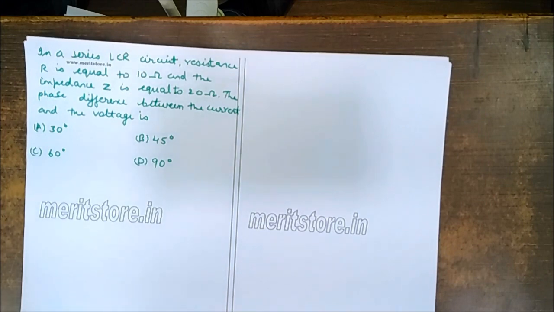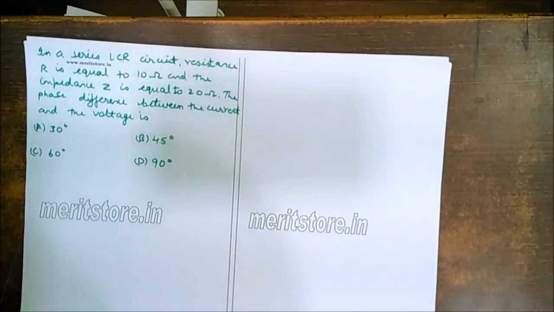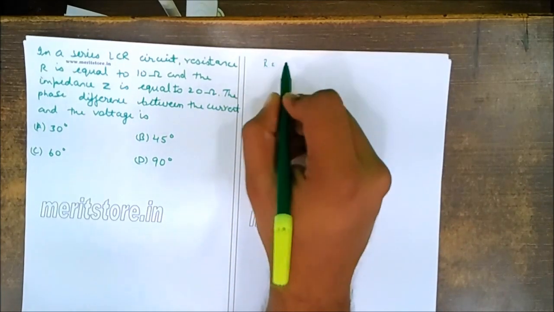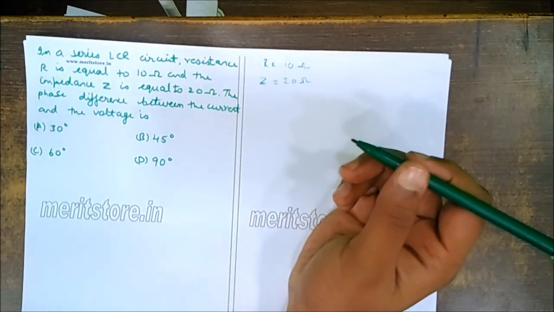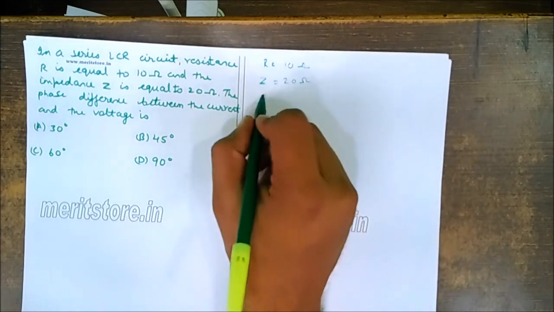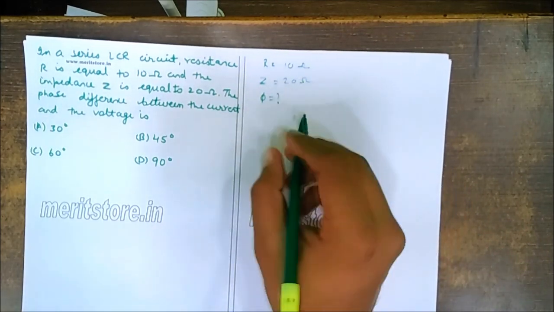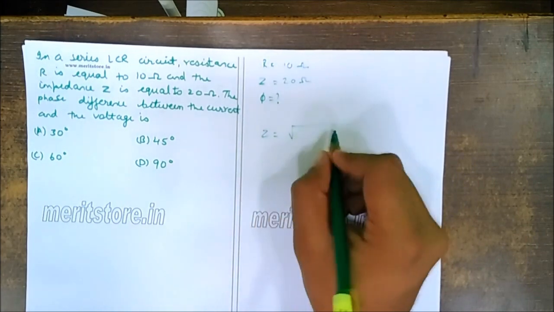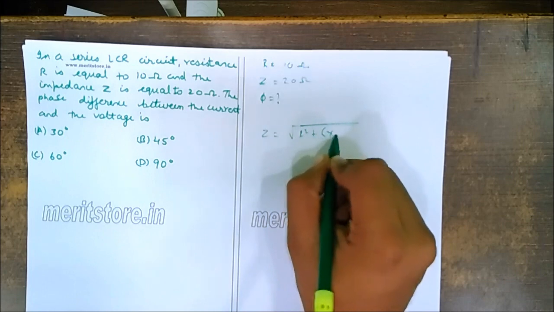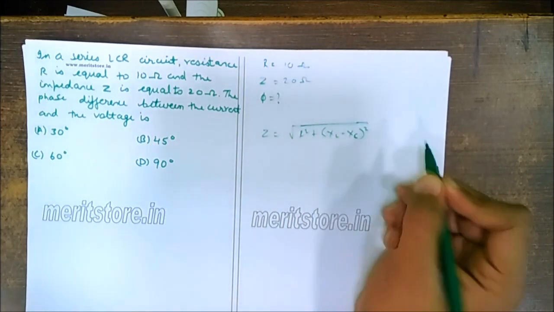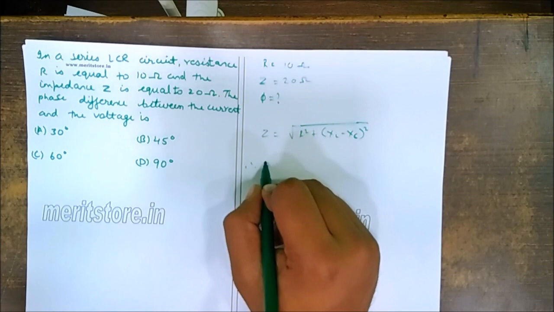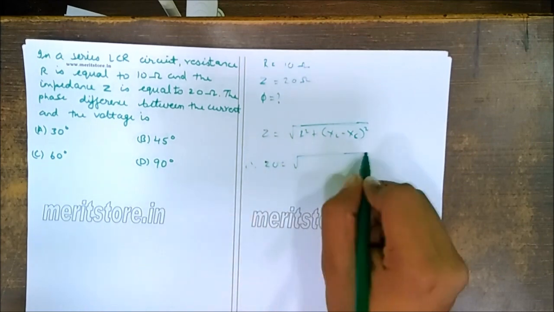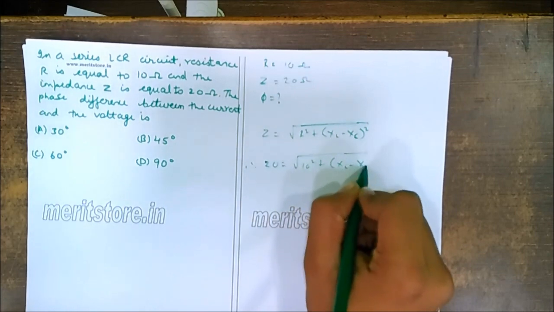The next question, in a series LCR circuit, the resistance R is equal to 10 ohm and the impedance Z is equal to 20 ohm. The phase difference between the current and the voltage, so phi, is demanded. I can say Z is equal to under root of R square plus XL minus XC the whole square. Therefore Z, which is 20, is equal to the root of 10 square plus XL minus XC the whole square.